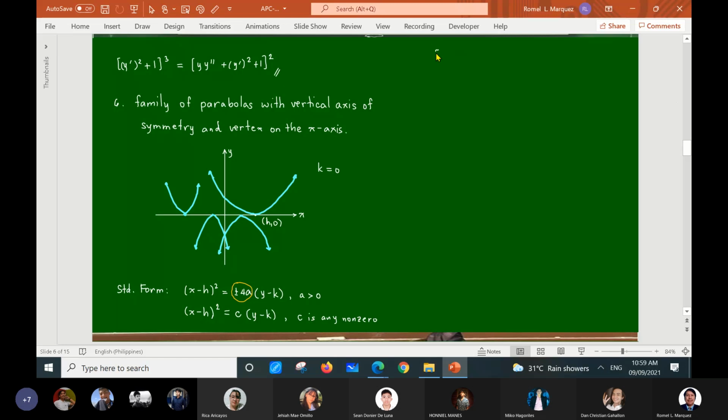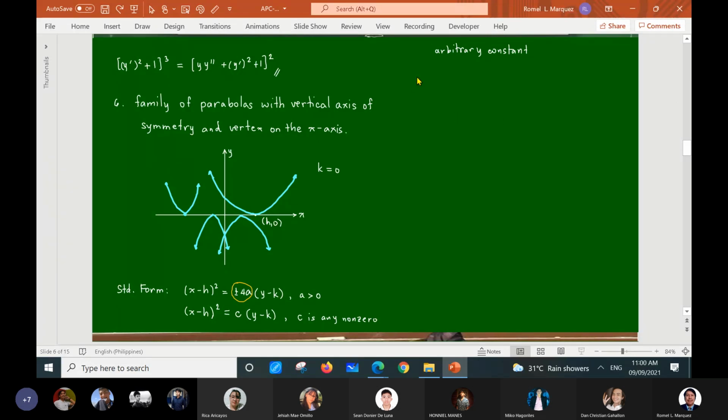Arbitrary siya, pero non-zero. Okay? Ano pa yung arbitrary? Guys, also yung h, no? Pero yung k natin naka-fix.